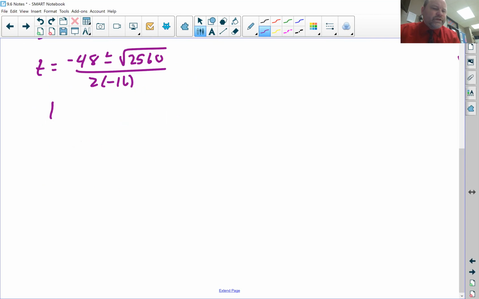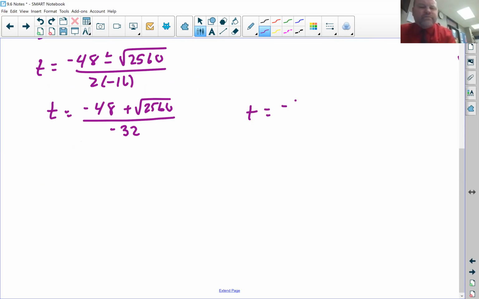So we would have negative 48 plus the square root of 2,560 over negative 32, or negative 48 minus the square root of 2,560 divided by negative 32.